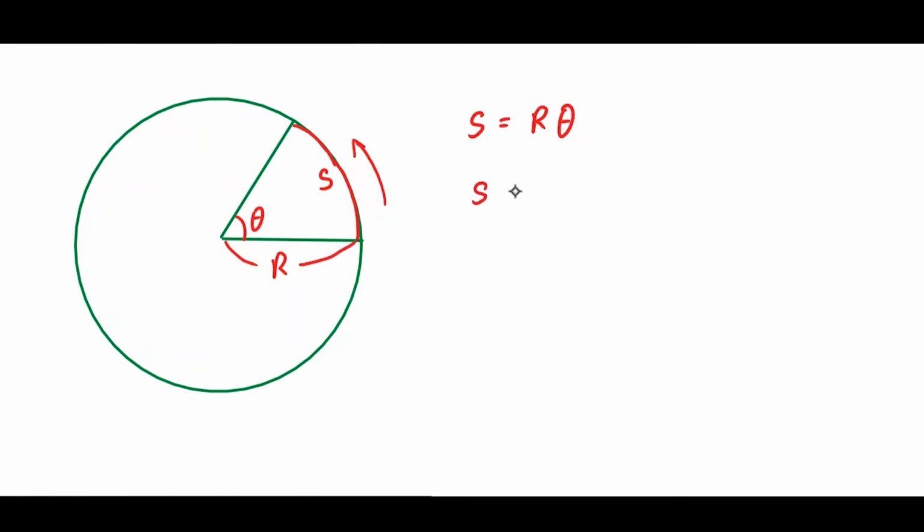So this is still S, and then this is R. I'm going to write R first, and then theta. And then if I differentiate both sides with respect to t, what do we get?